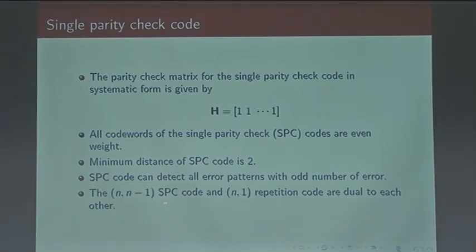And this single parity check code and the repetition code are dual to each other. You can see the code parameters, and H of this matrix is G of that matrix. So, these are duals of each other.